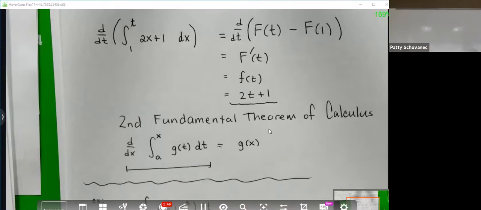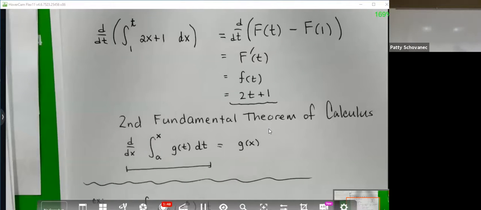Well, you would think that the integral of sine of t to the fifth would be cosine of t to the fifth, but it's not. Because the derivative of cosine of t to the fifth does not give you sine of t to the fifth. The derivative of cosine of t to the fifth gives you minus the sine of t to the fifth times 5t to the fourth. So I don't know the antiderivative of this.